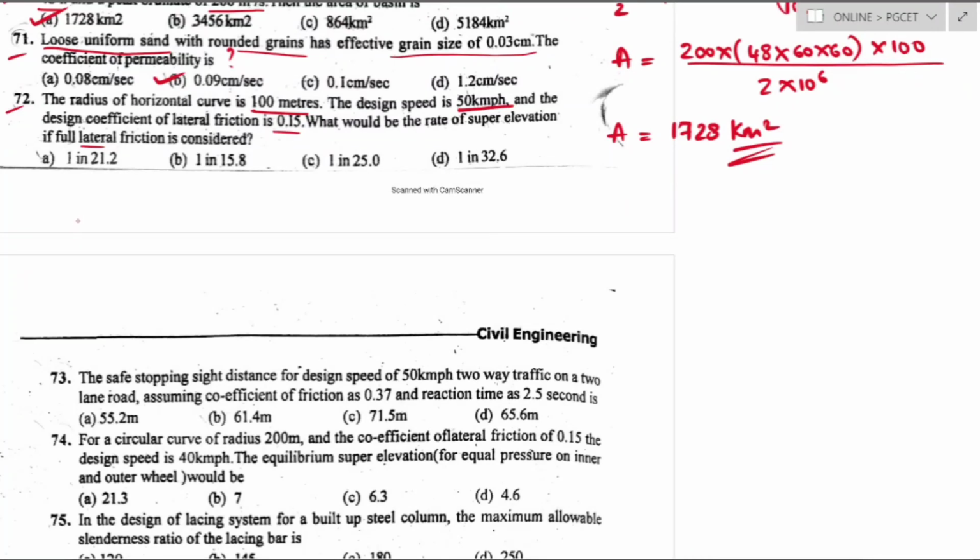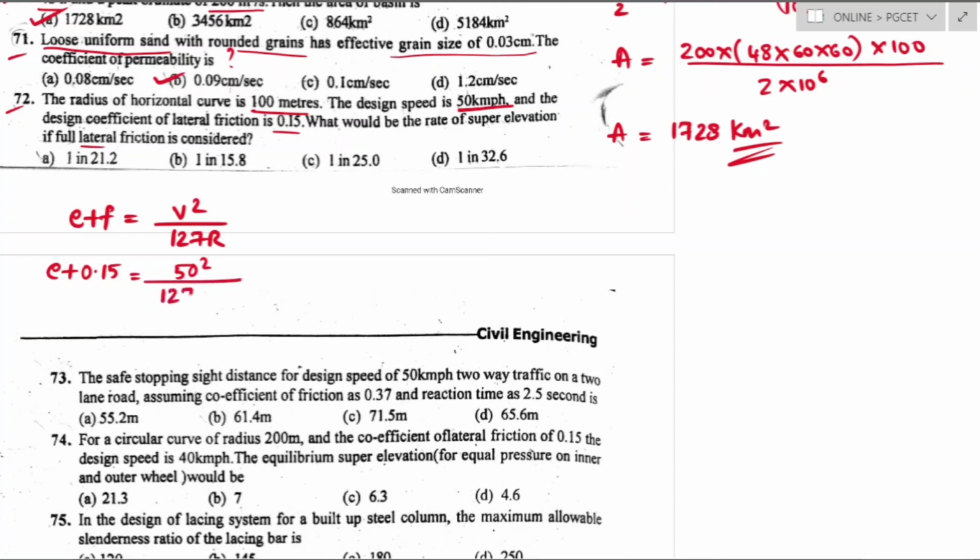So we have to find the rate of super elevation providing the full lateral friction. According to IRC, to find the rate of super elevation, we know the formula E plus F is equal to V square by 127R. E is the rate of super elevation to be found. F is the coefficient of lateral friction, that is 0.15. V is the design speed, that is 50 kmph.